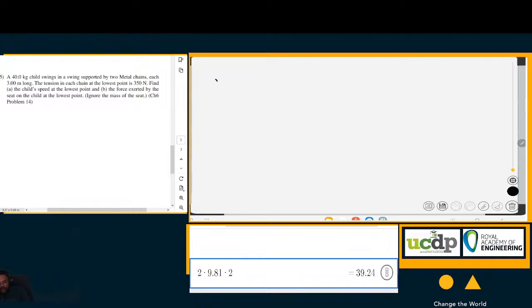Now B, they want the normal force. Let me just check what they want. B, the force exerted by the seat on the child at the lowest point. The normal force from the seat on the child accelerates the child in the same way that the total tension in the chain accelerates the child.